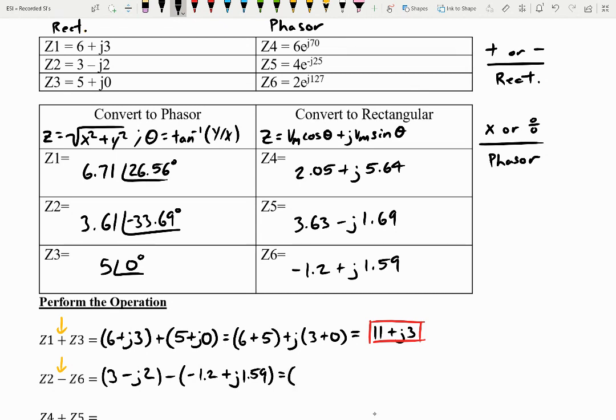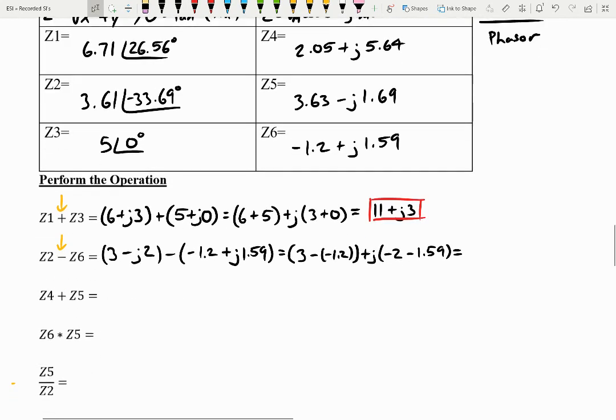Like before, we'll take the real parts, so 3 minus negative 1.2, plus j, negative 2 minus 1.59.